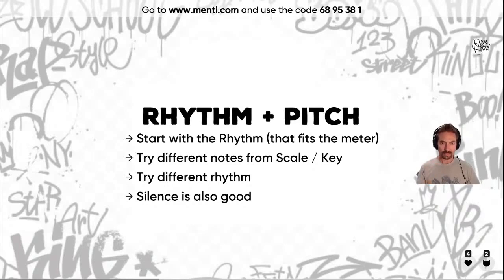Da da da da da da. Okay, you hear how that's just a rhythm. That's just the rhythm part of a melody, okay? Sounds kind of boring, but it's a rhythm. It's just got a little bit in there.